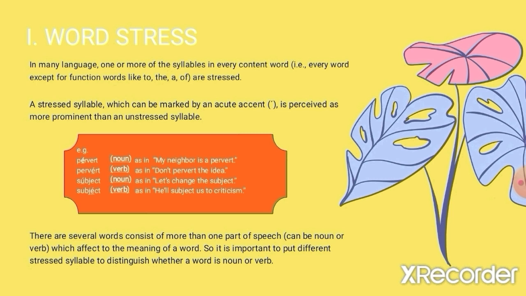Actually, among two-syllable words, there are several words that can be more than one part of speech, noun or verb, which affects the meaning of the word. So it is important for us to pay attention to the stress pattern in two-syllable words to tell whether a word is a noun or a verb.